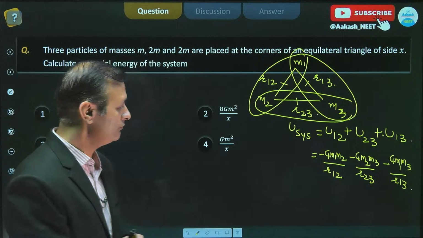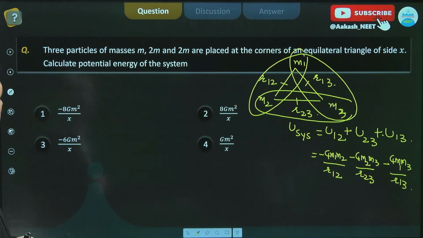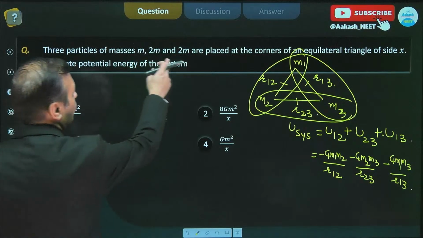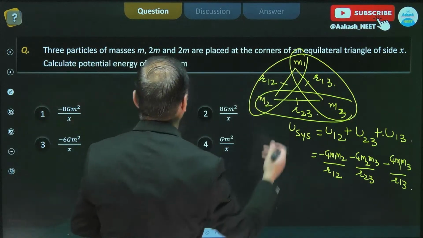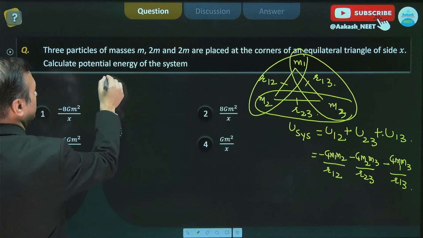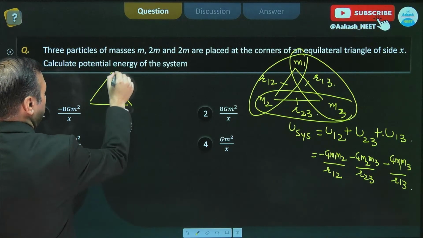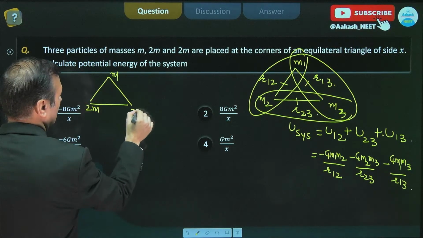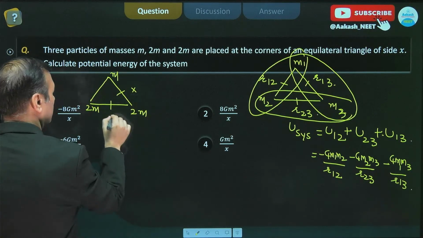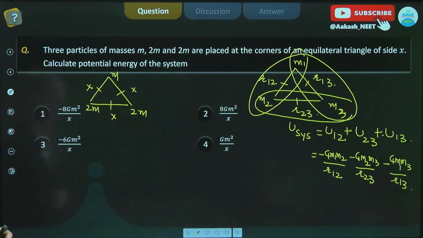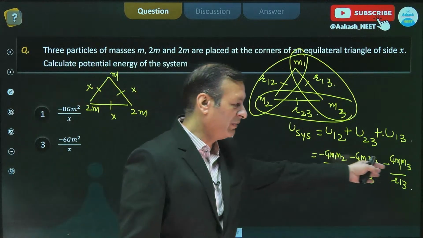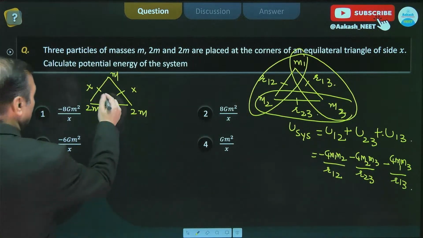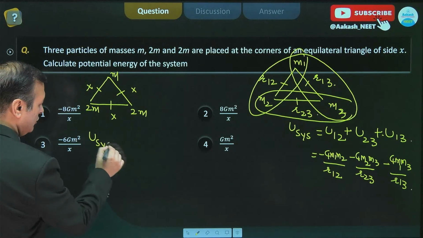Got it? Now let's come to the question. We have three particles m, 2m, 2m placed at the corners, and all sides are the same. Any doubt? Let's use the same format. We need to find the potential energy of the system.